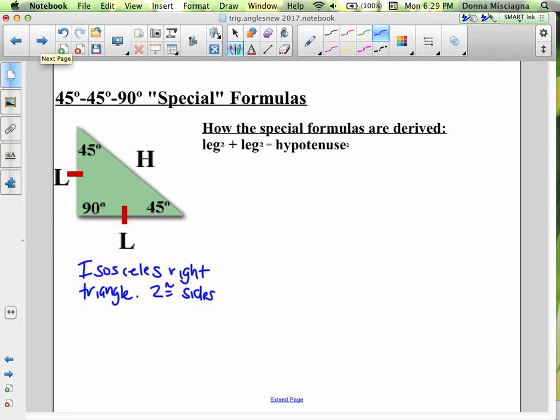We're going to work with no numbers at all, just leg and hypotenuse, and see how this formula comes about. If I prove it in a very general case with no numbers, you'll know it's true all the time when we have numbers. So leg squared plus leg squared is hypotenuse squared. I could add leg squared plus leg squared together, and that would give me 2 leg squared.